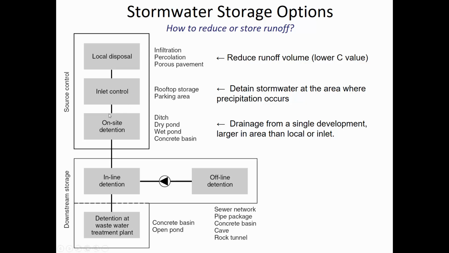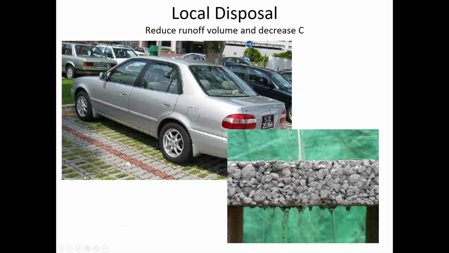In the case of on-site detention, anything larger than maybe just a couple of 100 feet would be downstream storage. But if you're just collecting water from catch basins and it's moving less than a few 100 feet to get to the pond, then that could still be considered a source control measure.